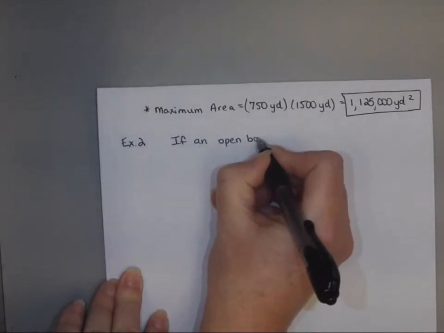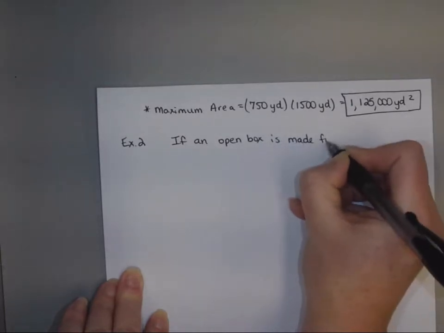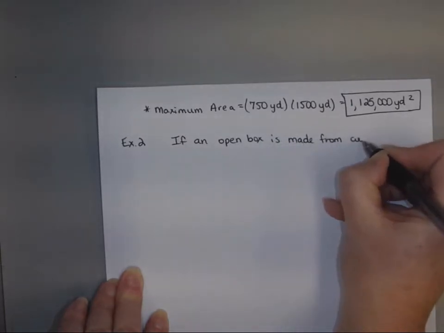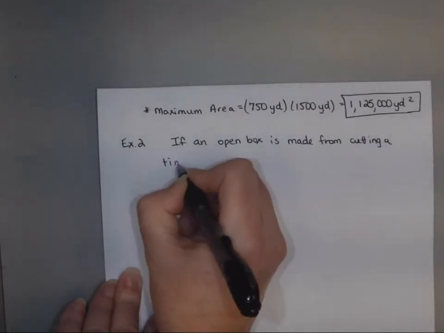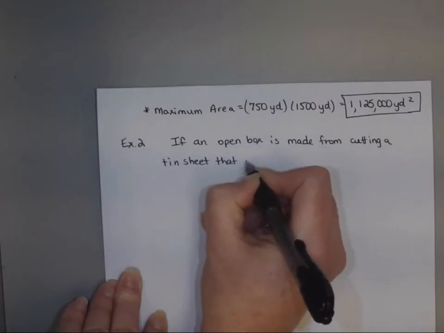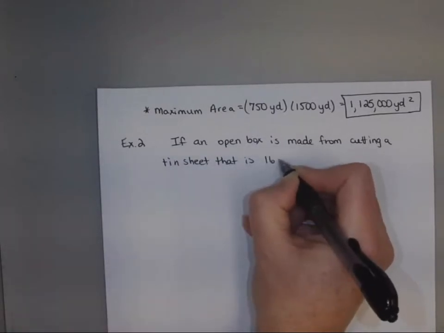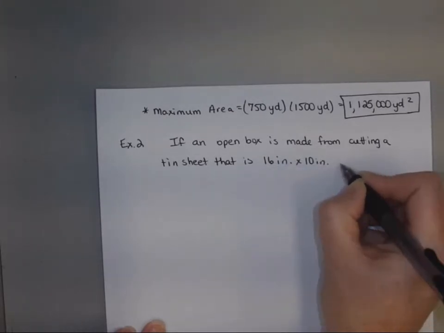All right, so if an open box is made from cutting a 10 sheet that is 16 inches by 10 inches.